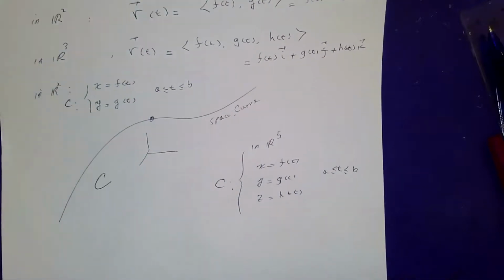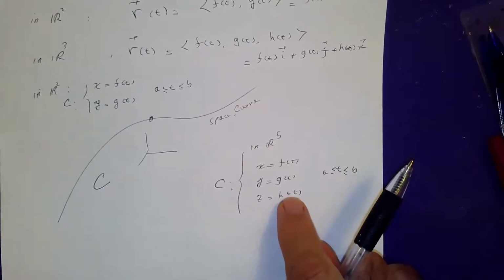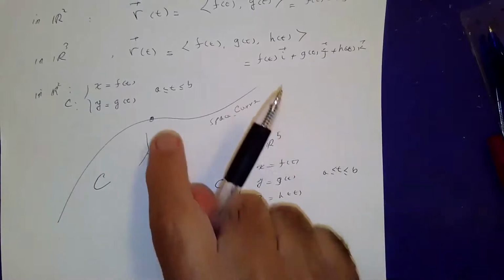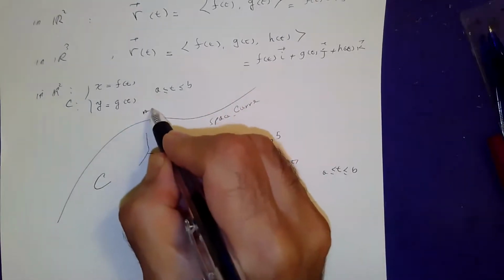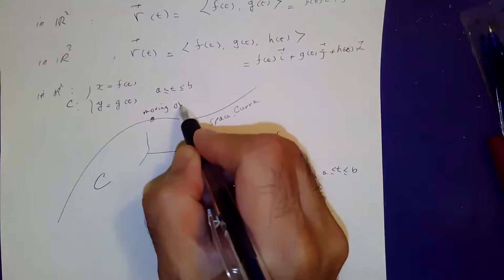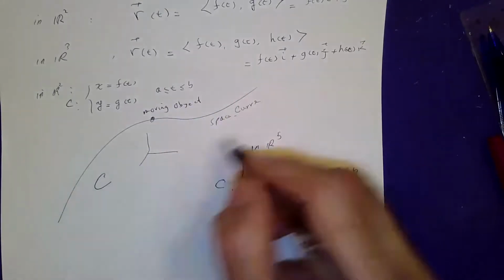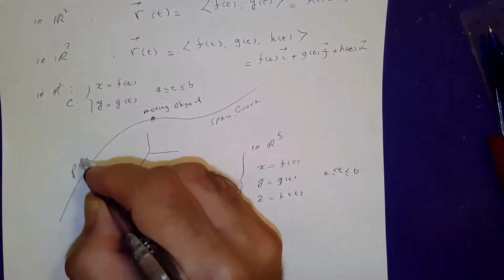Once again, these are called position equations in physics, representing the position of a moving object. In physics classes we don't call it a curve, we call it a path.